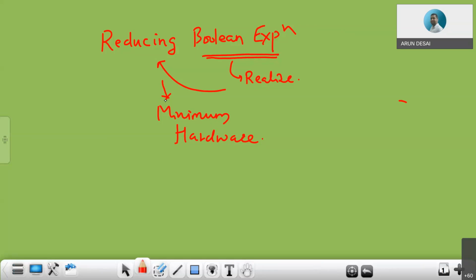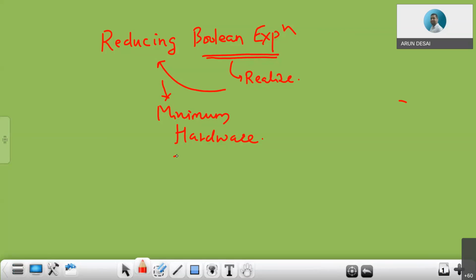Again, there are so many benefits to minimizing hardware that we'll check on the net and in the book as well, right? But the motive behind reducing a Boolean expression is, as and when we try to realize things, if it is in its reduced form, then we will realize that expression in minimum hardware, right?